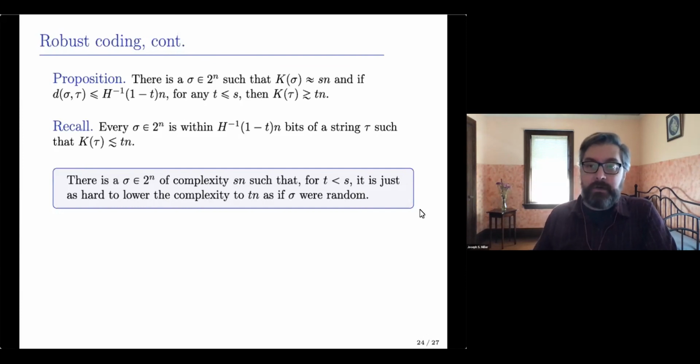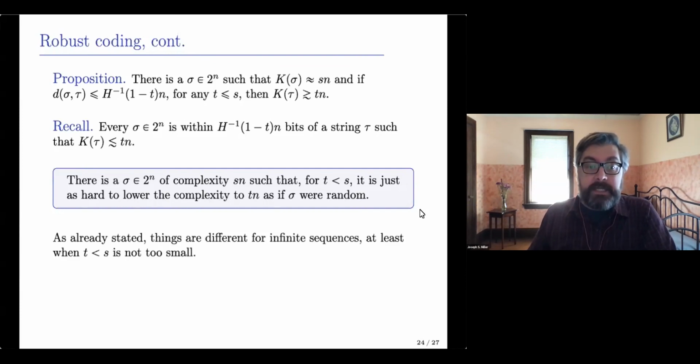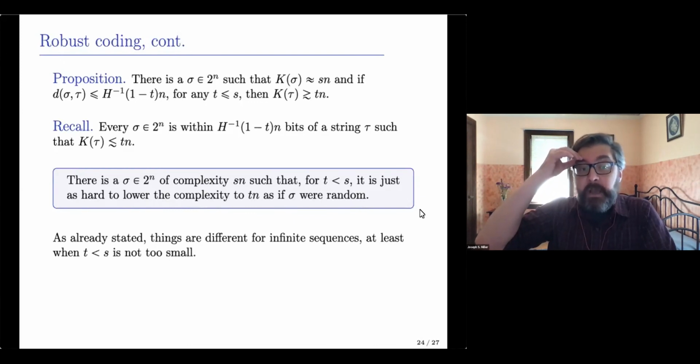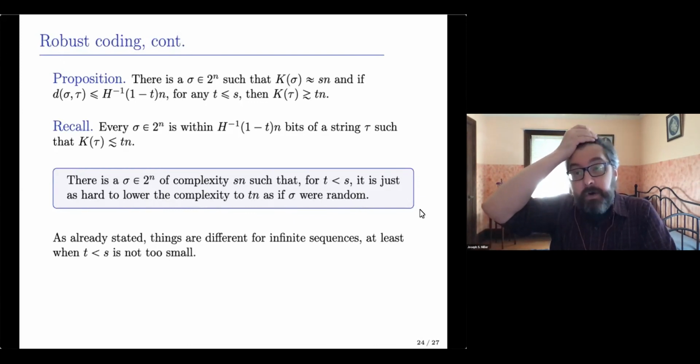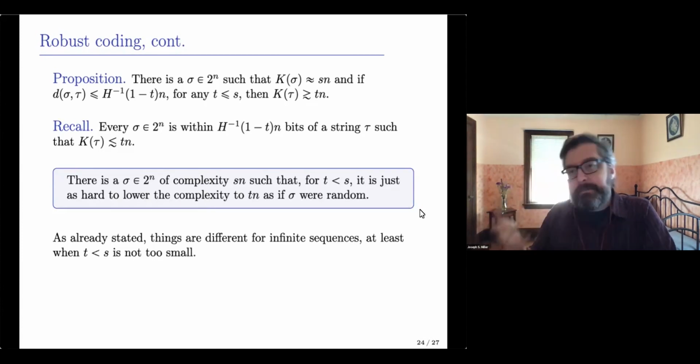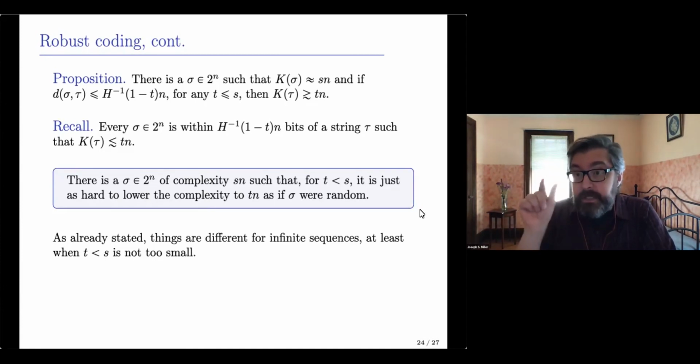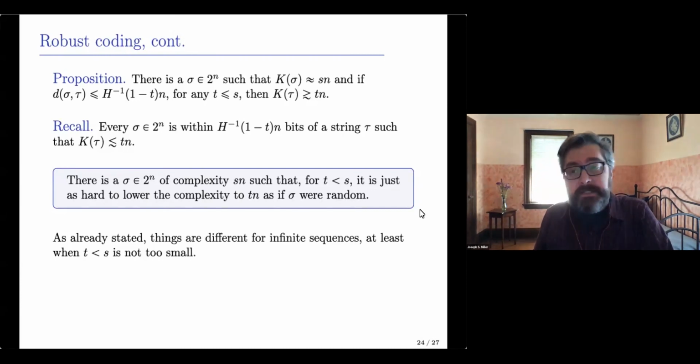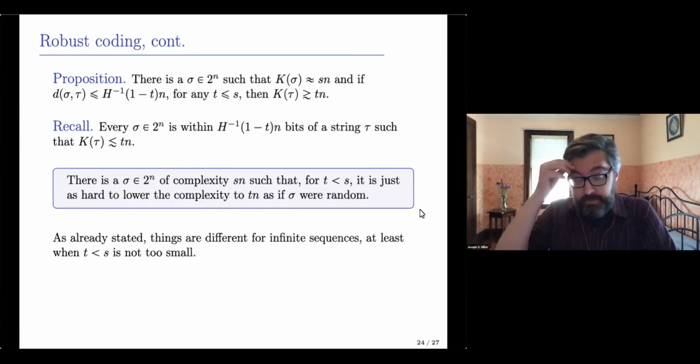The other thing I want you to notice is that I've already told you that things are different for infinite sequences, at least when t less than s is not too small. When t less than s is small, it might be as hard as if you're starting from a random, but when it's close to s, it's not necessarily that hard. We have that linear part of the function.